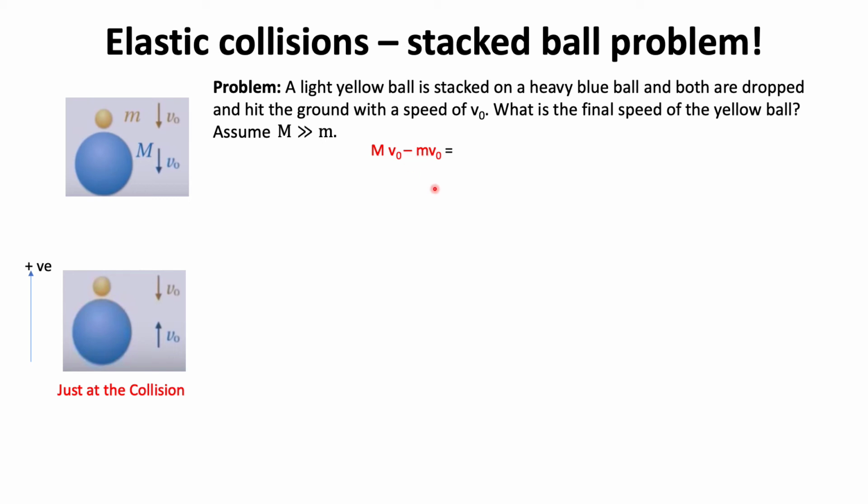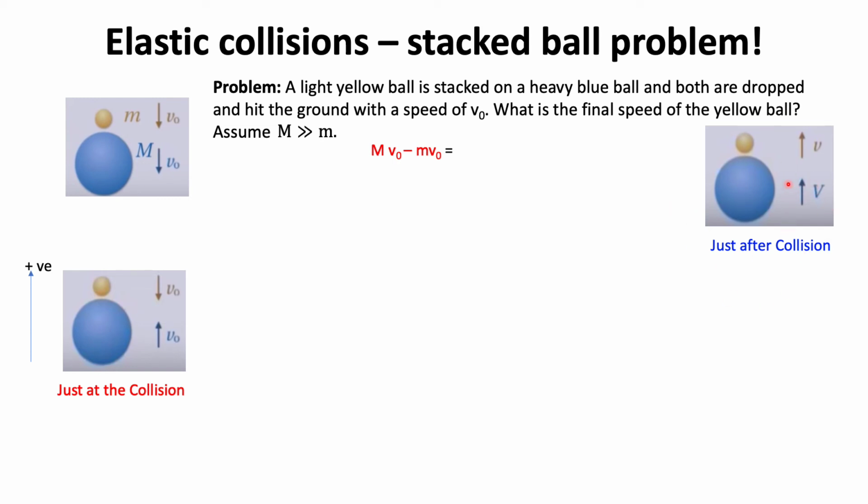So let's see what happens just after collision. Both the balls move upward. Okay, let's assume the velocity of the yellow ball to be small v or lowercase v, which is the velocity we need to find, and the blue ball has a velocity of capital V, okay, as shown in this figure just after collision.